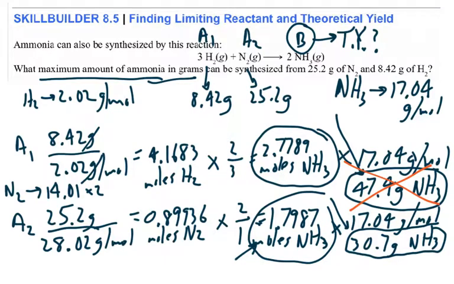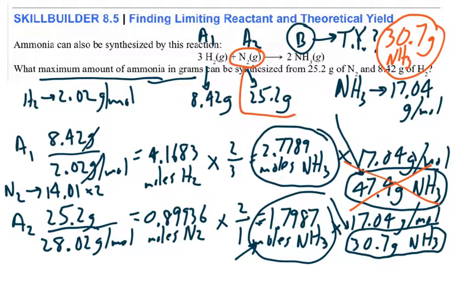The lower one is the one you keep. So our theoretical yield will be 30.7 grams of NH3. Now, the reactant that gave us the lower one was nitrogen this time. So in this problem, nitrogen is acting as the limiting reactant, and that makes hydrogen in this problem the excess reactant.